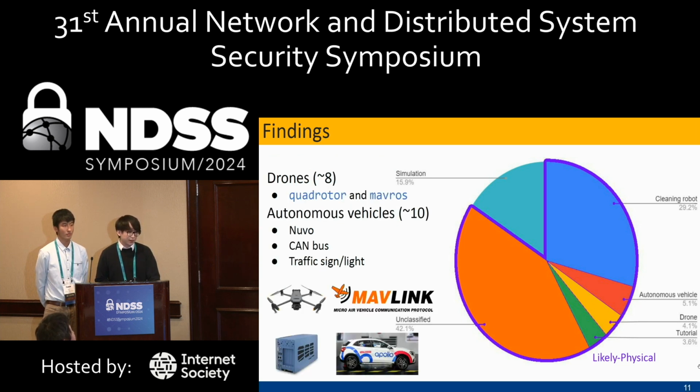Other notable robot types that we found, especially in terms of potential for damage if compromised, are drones, identified with topics like quadrotor and MAVROS, which is a ROS package for MAVLink protocol communication. But we also have autonomous vehicles identified with capabilities like NUVO, which is a type of AI computing platform commonly used in autonomous vehicles, like with Baidu Apollo, as well as CAN bus and traffic sign, traffic light capabilities.